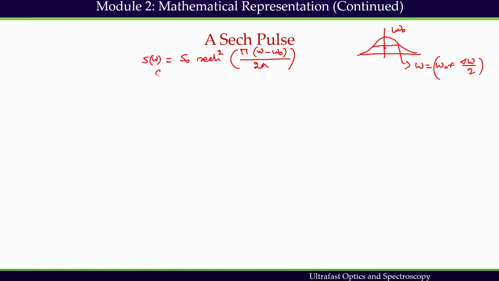So I can write down S naught divided by 2, half of its maxima, we obtain when omega equals omega naught plus delta omega by 2, which is nothing but S naught square of this hyperbolic function pi.